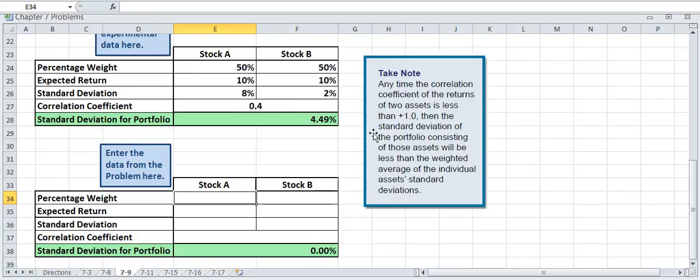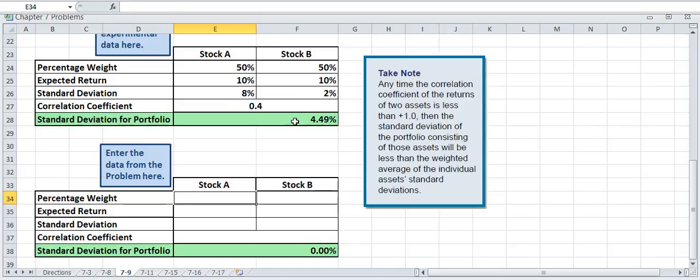So if they're both weighted the same and one's standard deviation is 8 and the other is 2, then they're both going to have the same weight. So that means that the average is simply the midpoint between 8% and 2%, which is 5%.